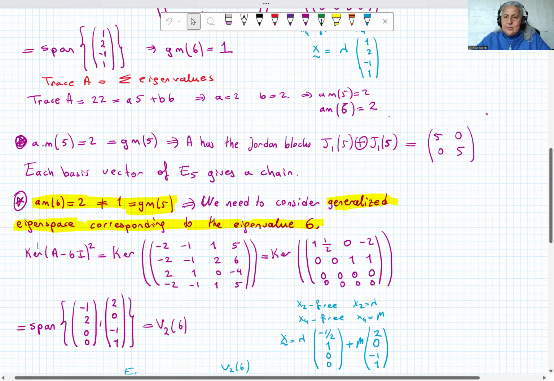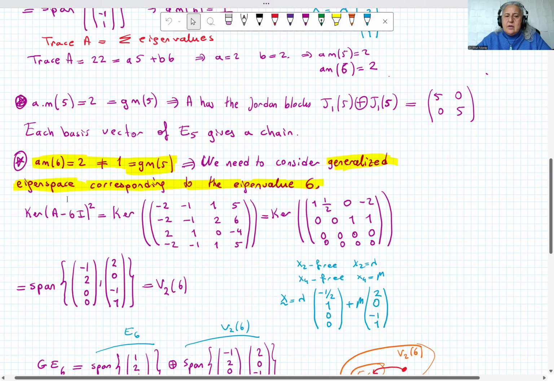If you calculate (A minus 6I) squared as an operation, as a matrix, you will find this matrix, and then calculate the kernel. You need to find the reduced row echelon form of this matrix, which gives you something like this. And this matrix tells me that y and x3 and x4 are the free variables.